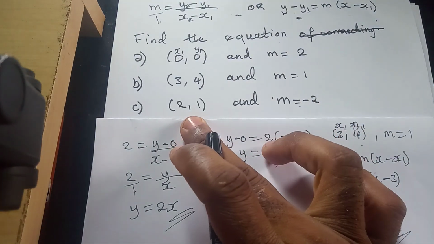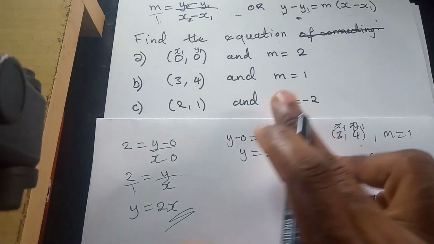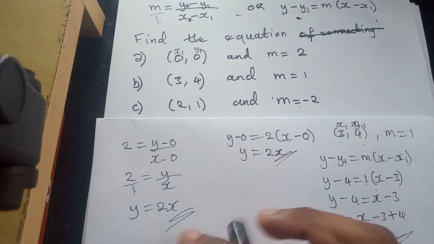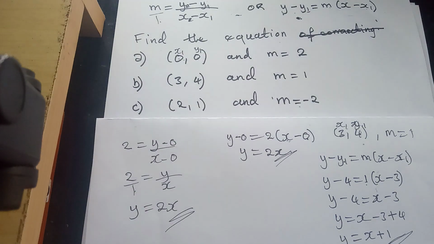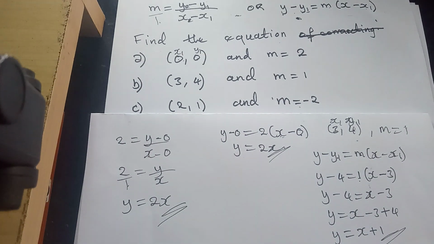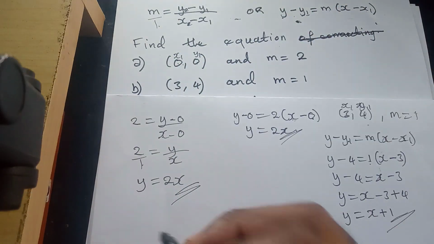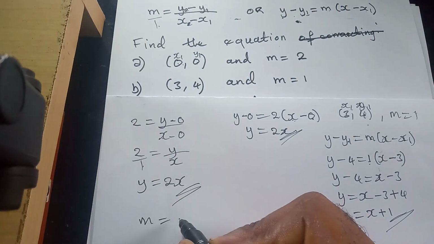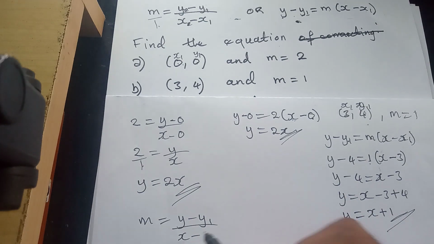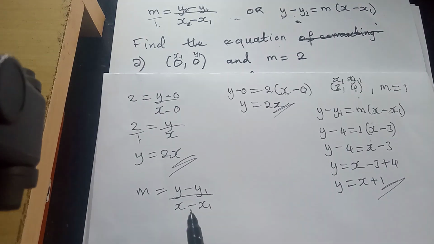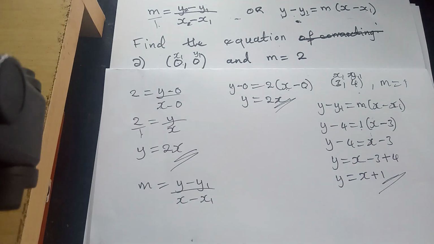Then finally, we have 2, 1, whose gradient is this. So the line is passing through this point, and the gradient is that. So the equation, let's use this one here. M is equal to y minus y1 over x minus x1. Remember, this is the gradient formula.